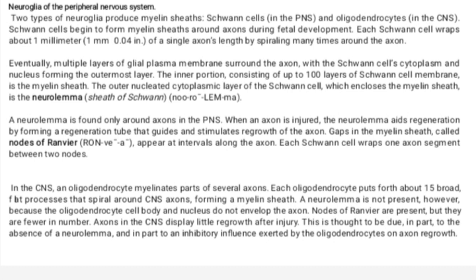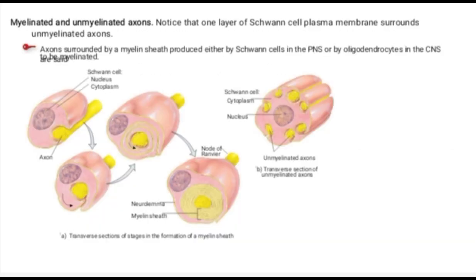Nodes of Ranvier are present, but they are fewer in number. Axons in the CNS display little regrowth after injury. This is thought to be due in part to the absence of a neurolemma and in part to an inhibitory influence exerted by oligodendrocytes on axon regrowth.